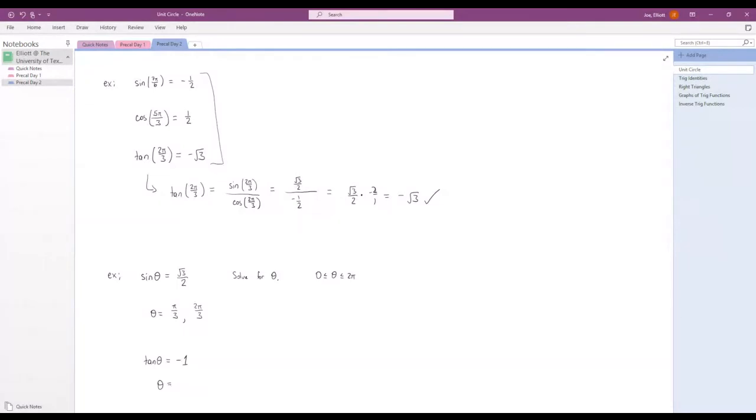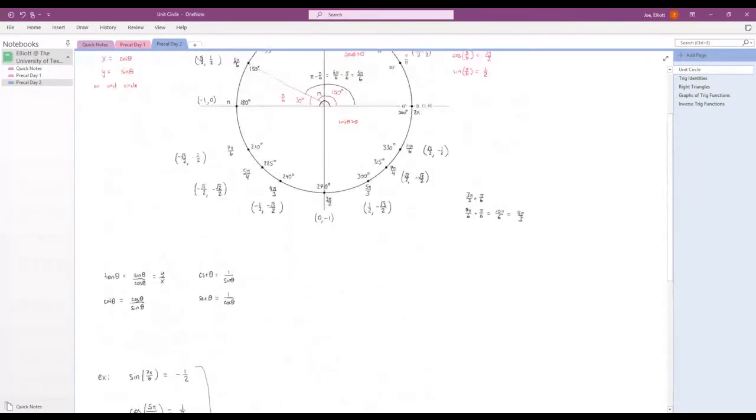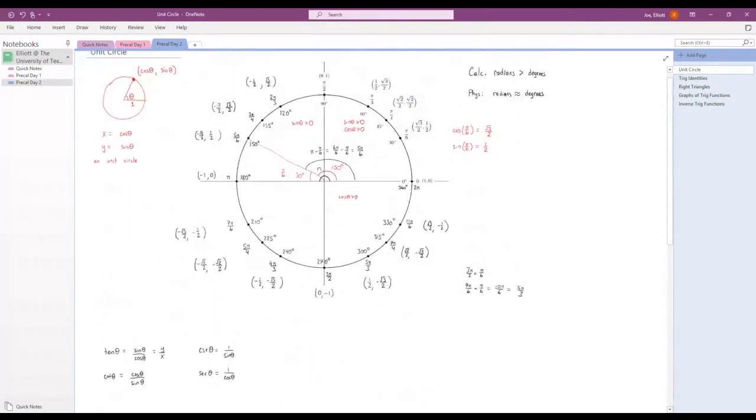Okay, so maybe one hint is, here we want tangent to be negative. So if you think about where tangent is negative, tangent is negative in the second and the fourth quadrants. One way you can figure that out is the idea that tangent is y over x. So for tangent to be negative, the y and the x would have to have opposite sign. So it puts you in the second and the fourth quadrant.